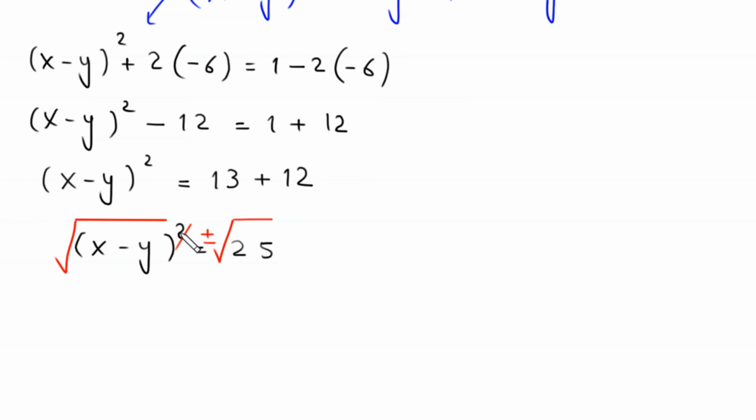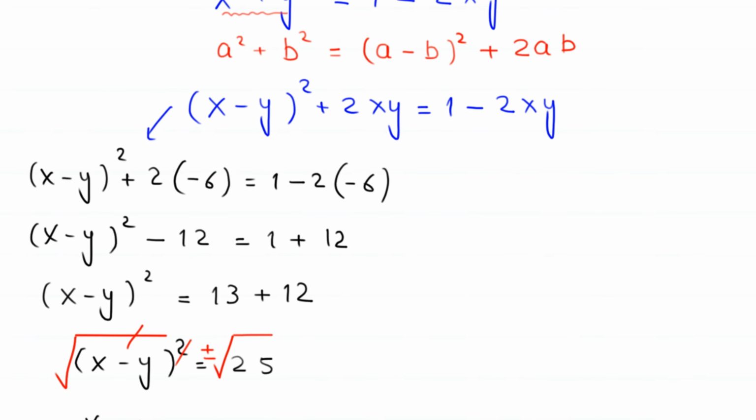So this square will be cancelled out with the square root, and from here we get two values of x minus y. x minus y is equal to plus or minus root 25, which is 5. Now we solve the second case.